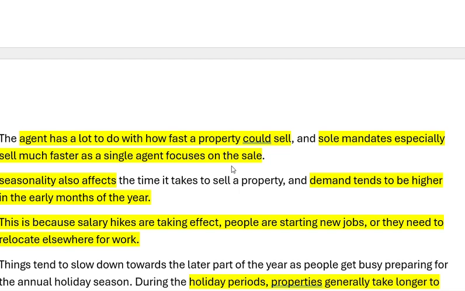And also the season determines how quickly you sell your property. The demand tends to be higher in the early months of the year than when you're selling closer to year end. This is because salary hikes are taking effect, and people are starting new jobs and need to relocate for work.